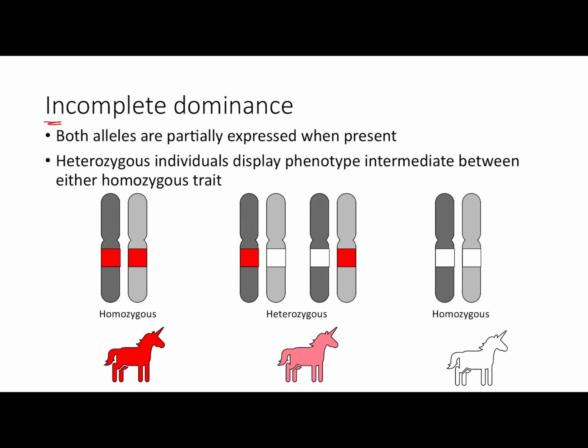If you have 2 versions of the white allele, that is, you are homozygous white, then the white allele is partially expressed, so is the other white allele, and you end up with a white phenotype. What's different here than what we saw in simple inheritance is that heterozygotes are in between. So the red allele is going to be partially expressed, the white allele is going to be partially expressed, and the phenotype ends up being intermediate between either of the 2 homozygote individuals. So instead of red or white, you're in between. That is your pink.